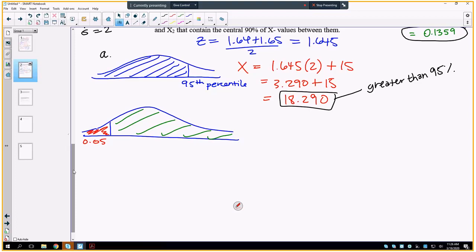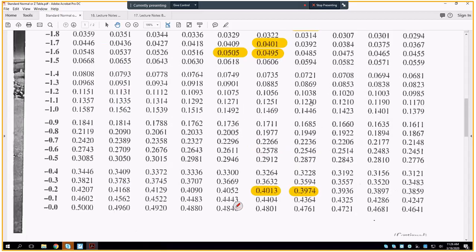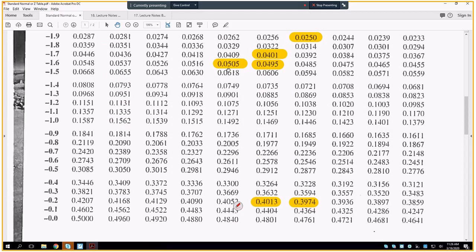So the first thing to do to check the table would be to do 1 minus 0.95. So 1 minus 0.95, that's where I got this 0.05. Look it up in my table, and I'm going to find out that it's between negative 1.64 and negative 1.65. So let's see that. Here we are, 0.05, 0.04. We don't have exactly the one we're looking for, so we take the average.